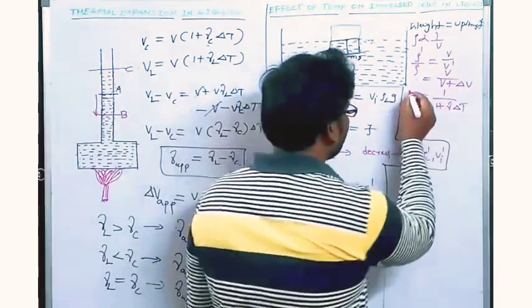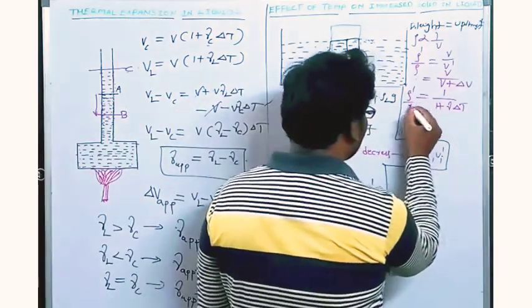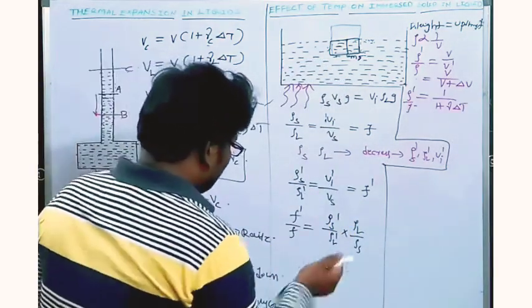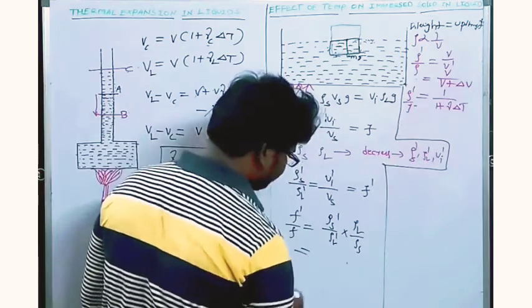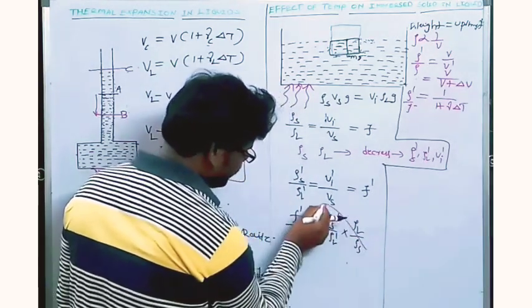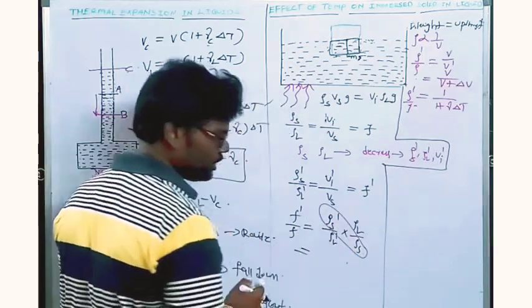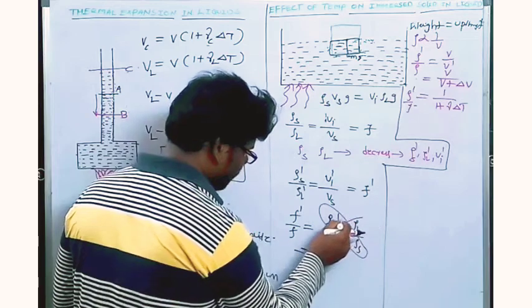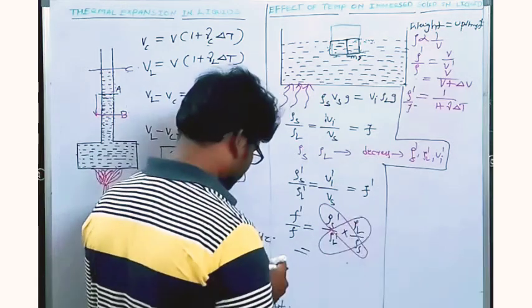So let's substitute in this one, rho dash by rho. Now I am able to write rho S dash by rho S, and another thing is rho L by rho L dash, right?